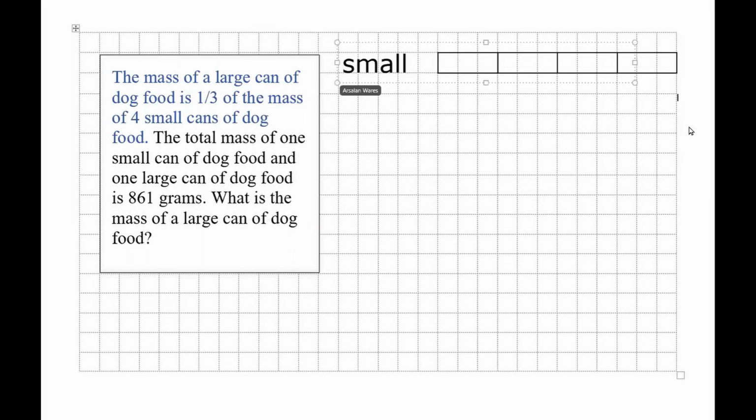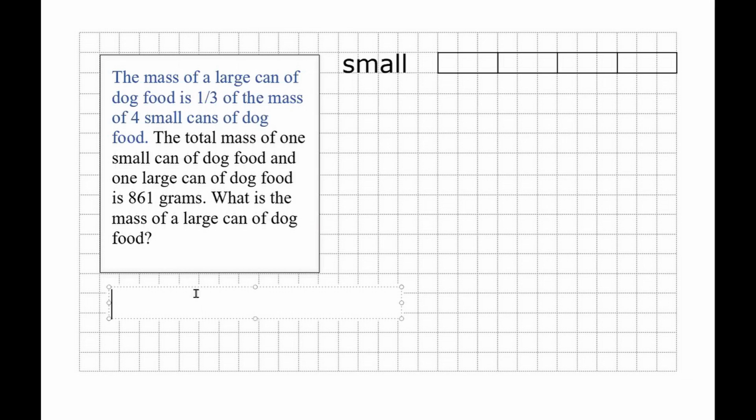Now, as I have depicted the small cans, 4 small cans are made of 12 small units or squares, as you can see in the picture. So a large can must be 1/3 of 12.